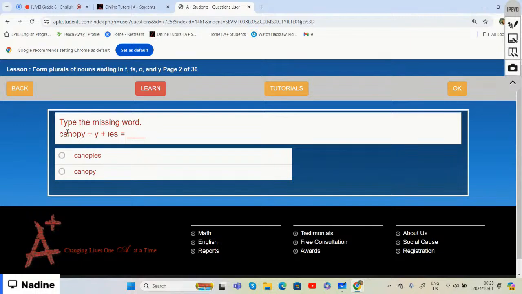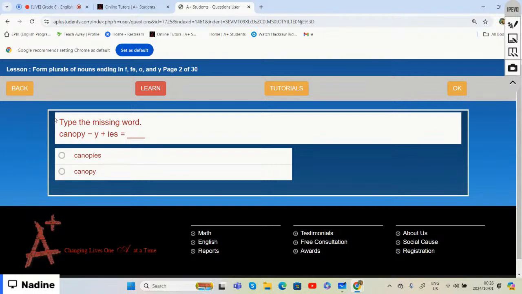We need to type the missing word canopy, one canopy. Here they say we need to drop the Y, add IES. So which means that we have one canopy, but we have more than one. Do we say more than one canopies, option one, or canopy, option two?